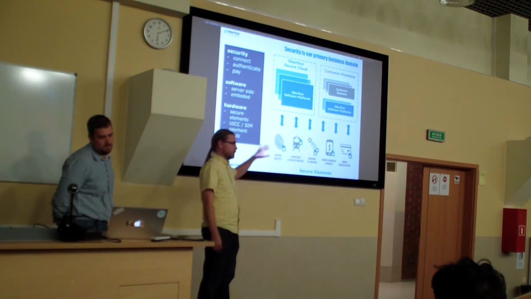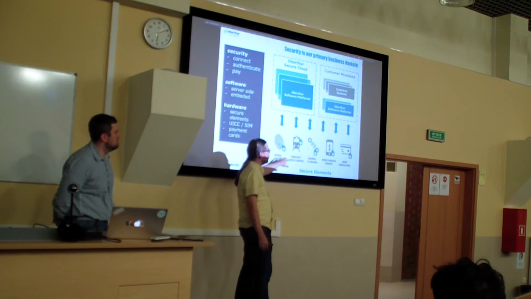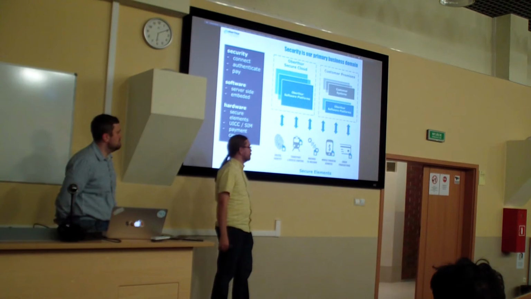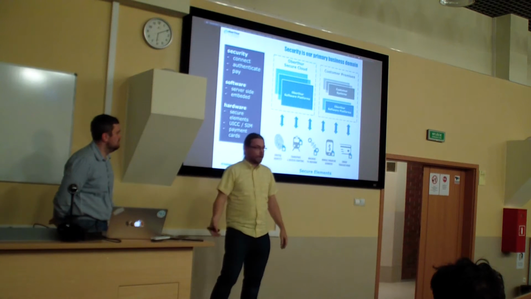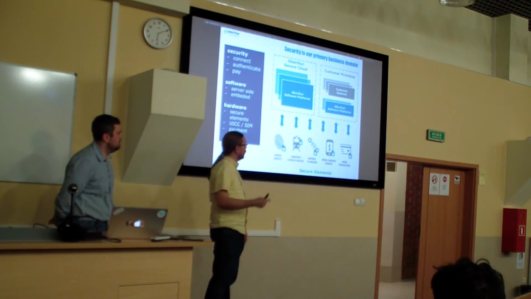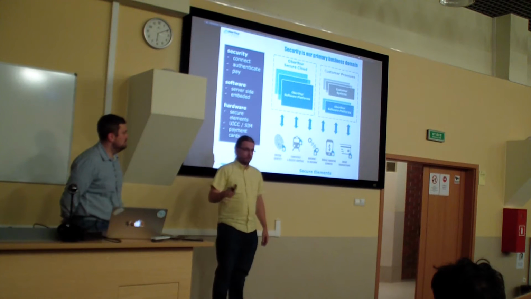And what we are doing in those server-side systems, we are managing what's uploaded to those secure elements. So we have a bunch of secure elements on the market, in your phones. By the way, Oberthur is the second biggest supplier of SIM cards and credit cards.